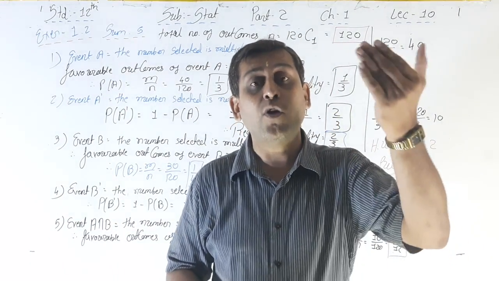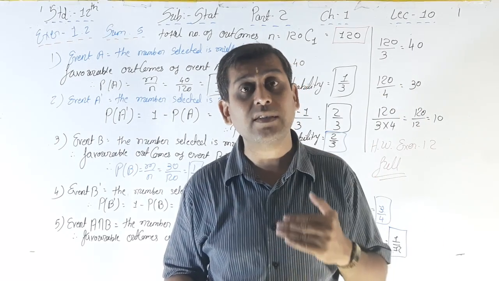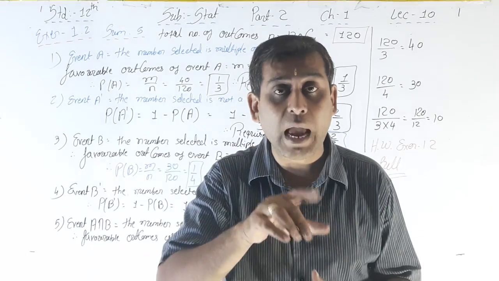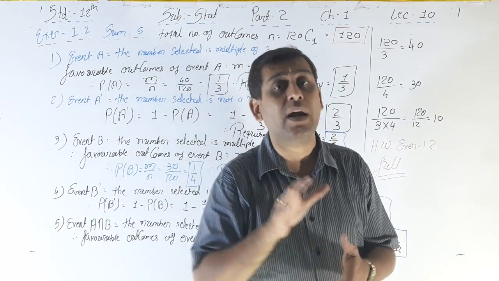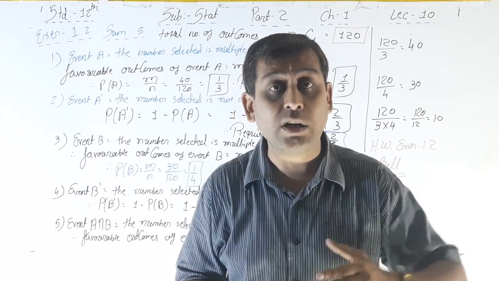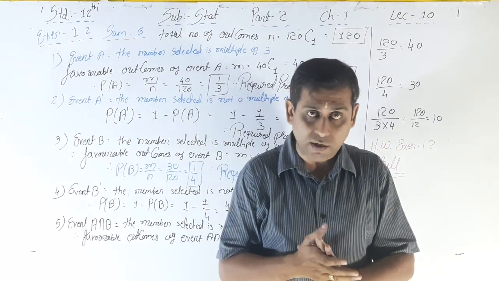Then P of A is equal to m upon n, 24 divided by 720. That's why 1 by 30 is your final answer.